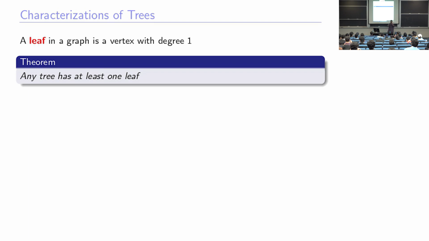So what must be the degree of every vertex? Suppose I have a tree such that no vertex has degree 1. Then that means every vertex has degree greater than or equal to 2.